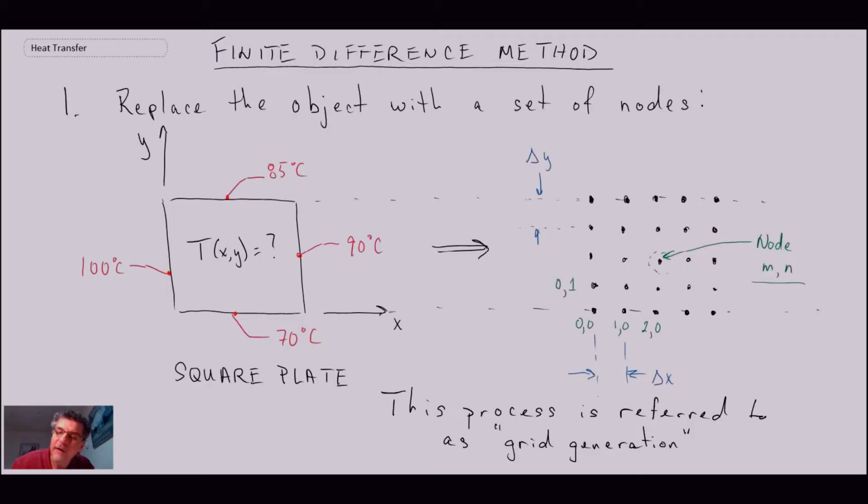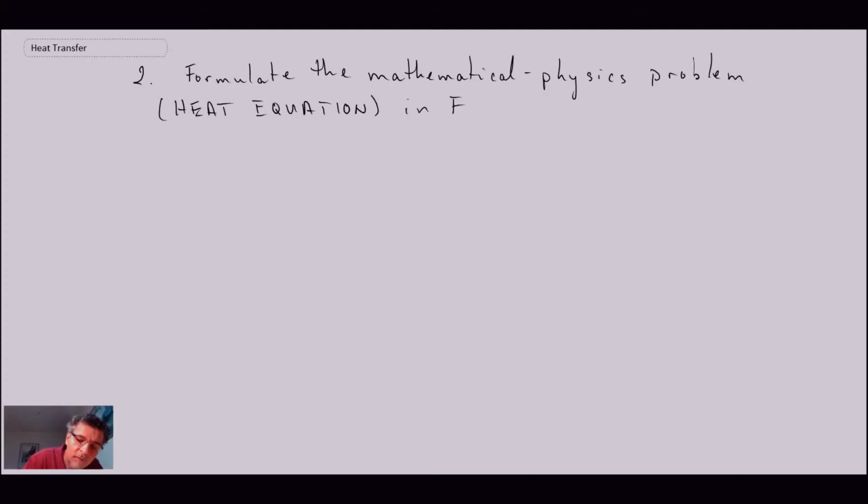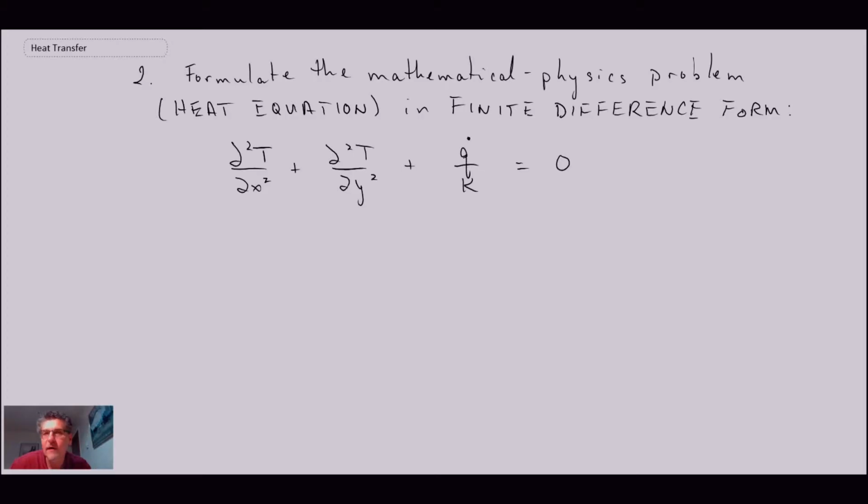The next step in the finite difference method applied to the heat diffusion equation is to rewrite the mathematical physics equation in finite difference form. So if we have a case of steady heat transfer in 2 dimensions with internal generation, the heat diffusion equation, a partial differential equation, would look like this.